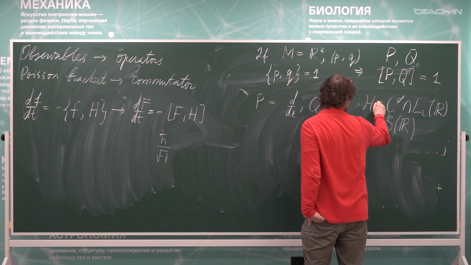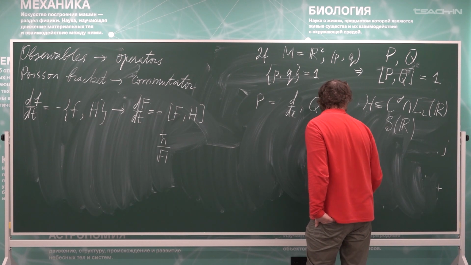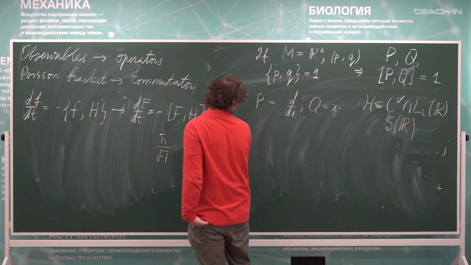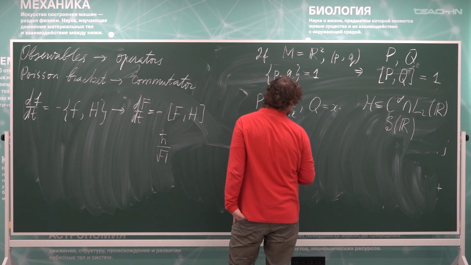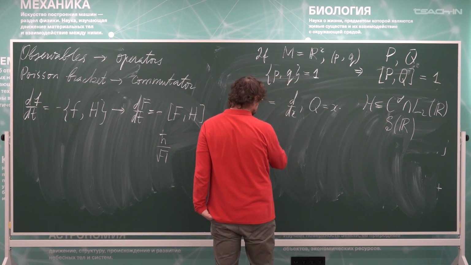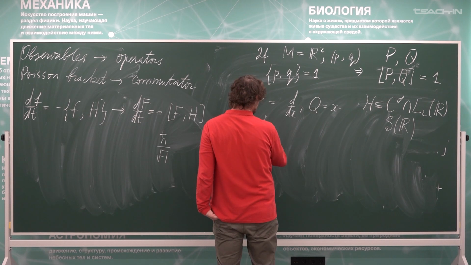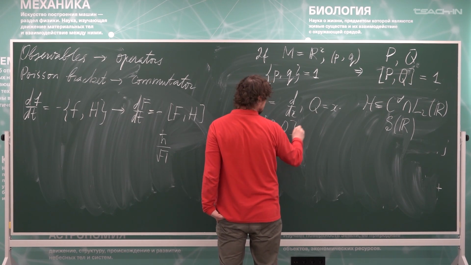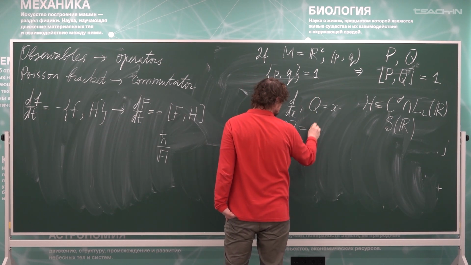Again, let's look at it like this. And the commutation relation that P and Q verify is precisely this.